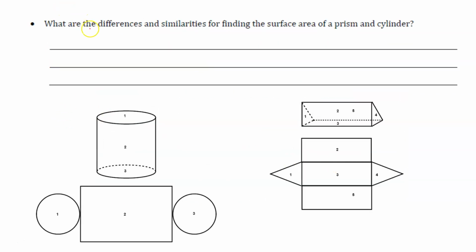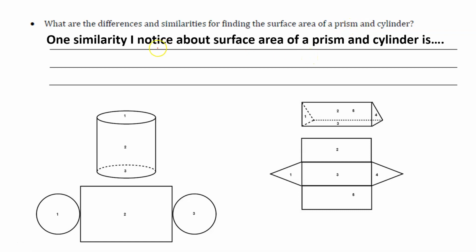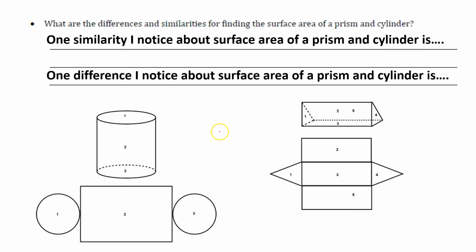Oh, they want to know what the differences and similarities are for finding the surface area of a prism. So what is a similarity that you notice? So here's a picture of what you notice, and try and find a difference that you notice. I will write the formula so you can look at that as well. So surface area of this would be lateral plus 2 base. In fact, this one will also have a very similar formula.